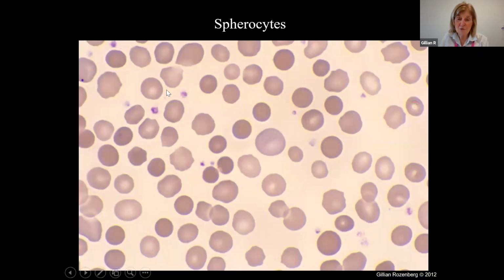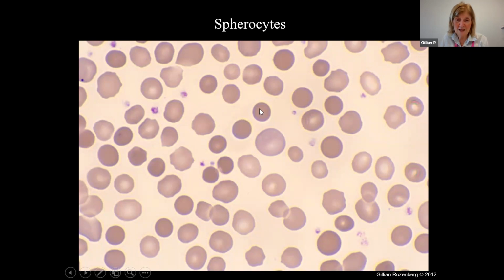And here's a lovely film to show you two types of cells. Here you can see the reticulocytes, which are slightly larger, and we call them polychromatic red cells because they stain a slightly mauve color with the Romanowsky stain, and the spherocytes, which are smaller and very hyperchromic, no area of central pallor, and they stand out clearly as being abnormal.